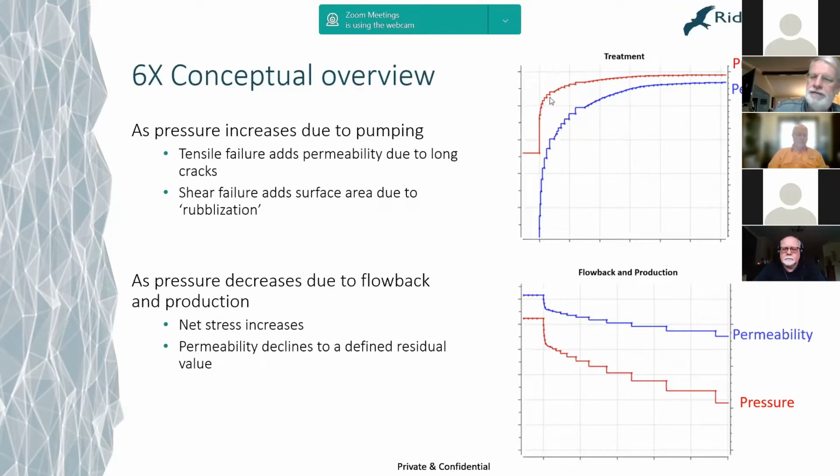At some point, we breach that initial stress and we achieve a pressure that corresponds to a negative net stress. When we've achieved that, we start adding in permeability to model the enhancement of the fracture conductivity. The more pressure we apply, the more negative net stress we get, and the more permeability we add.